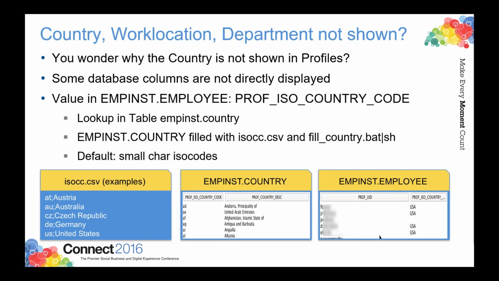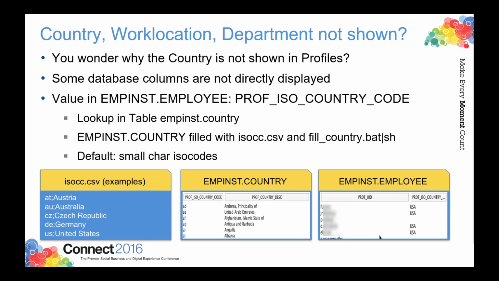So there's a mapping between the 2-character ISO code and the country name. You can see it here in the middle. Each time a DE is shown for country in my profile, it will write Germany into my profile, or it will show Germany within my connections profile.